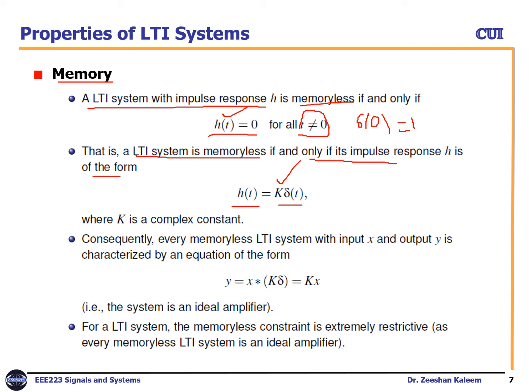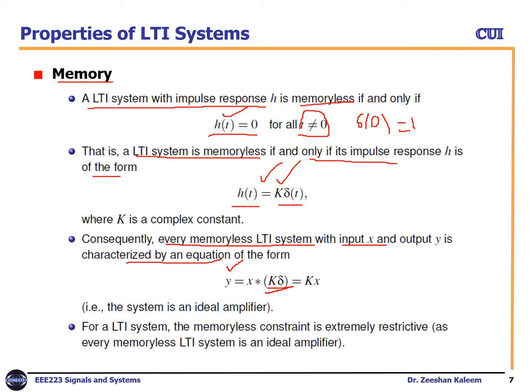Consequently, every memoryless LTI system with input x and output y is characterized by an equation of the form. So it was a bit specific, and for a more general type of memoryless system, it is represented as y equals x, where x is your input, convolved with the impulse response, as we already derived here.